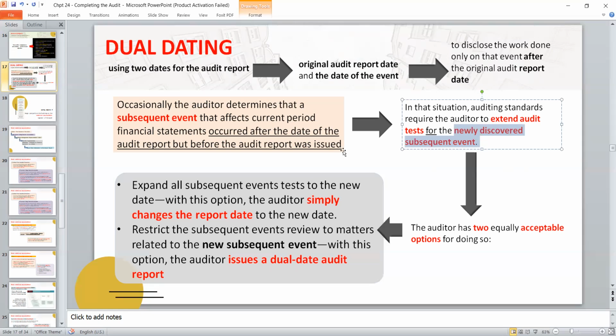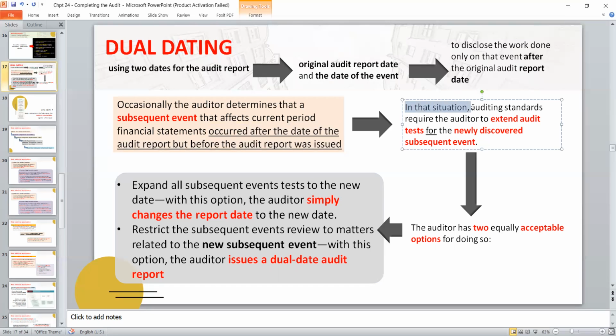Occasionally the auditor determines that a subsequent event that affects the current period financial statement occurs after the date of the audit report, but before the audit report was issued.